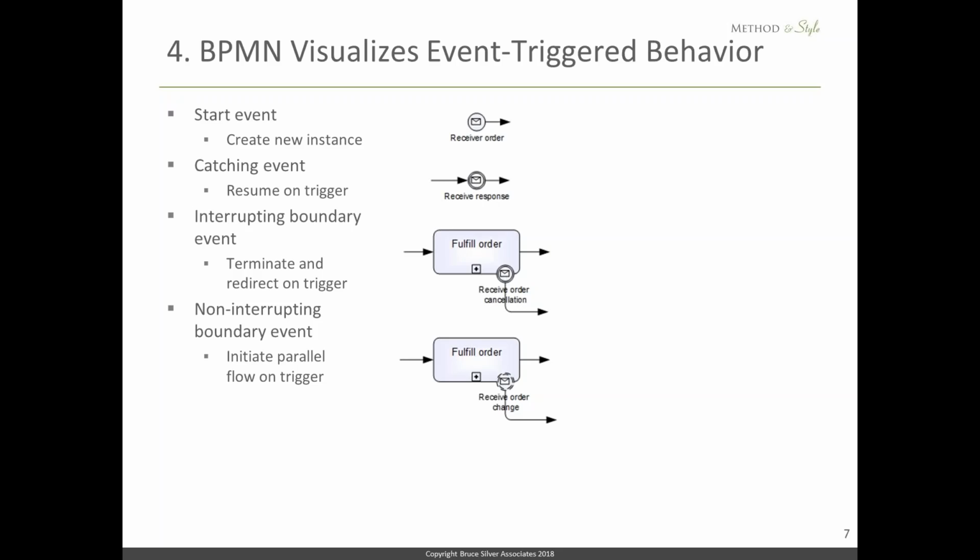You certainly can't share that with your stakeholder team all at once. Diagrams, you can. You can gather around the table or show it on the screen, and everyone can argue about, is that how it really works? Is that how it should work? So understanding the process visually is much more valuable than capturing it in a text document. And event-triggered behavior in the diagram, that's a big difference from flowcharting.